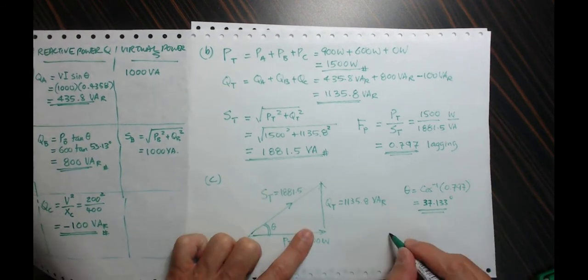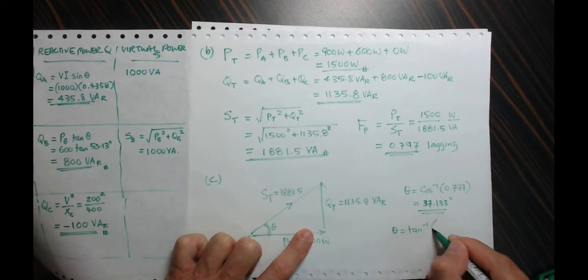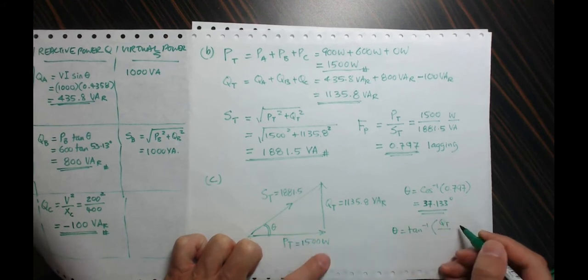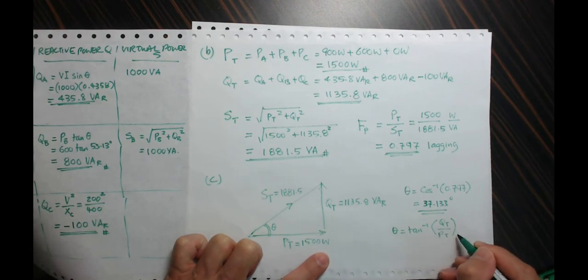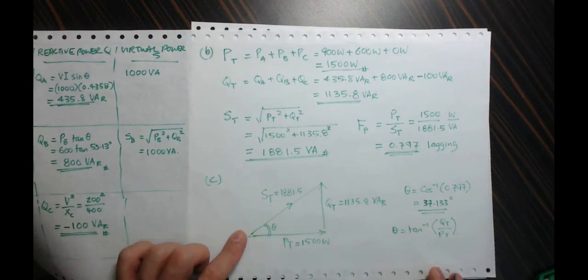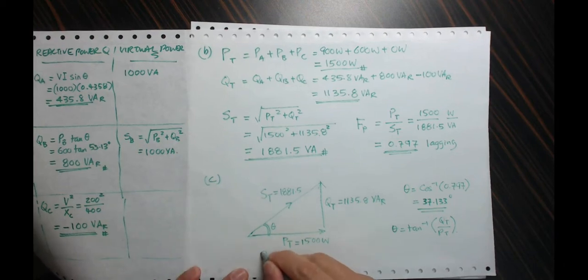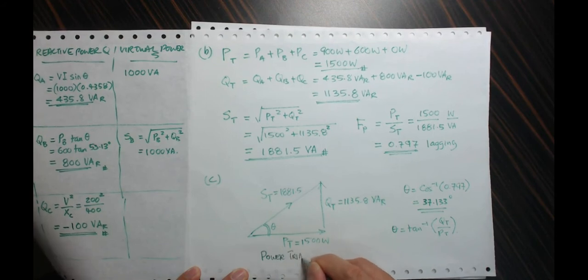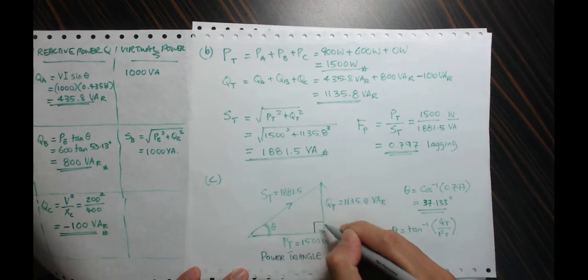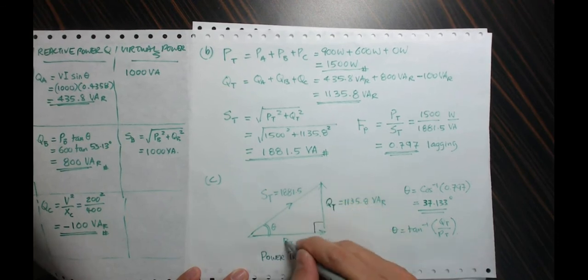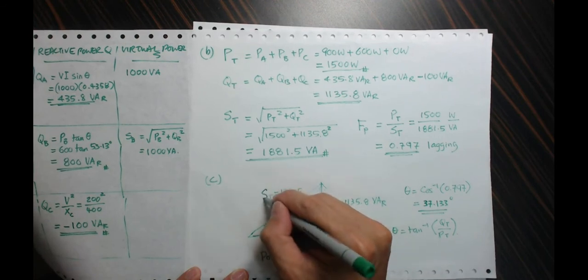Another way to find this angle is theta equals tangent inverse of QT over PT. Gives us the same answer. So this is the power triangle, right, with the right angle, QT, PT, and ST.